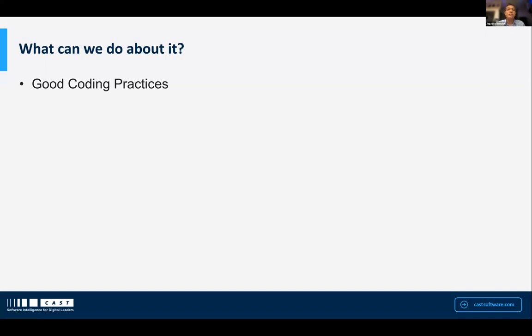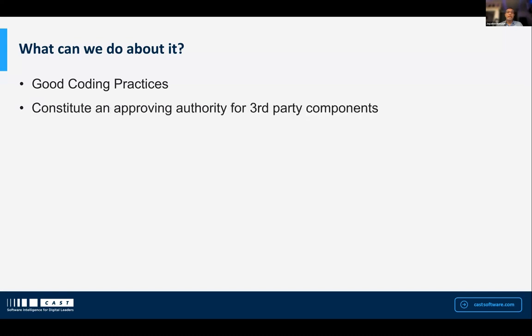As a development team, as a manager, or as an IT leader, what we have to enforce is that there has to be good coding practices for the technologies being used within your company. And for third-party components, make sure that you have an approving authority for all of them.